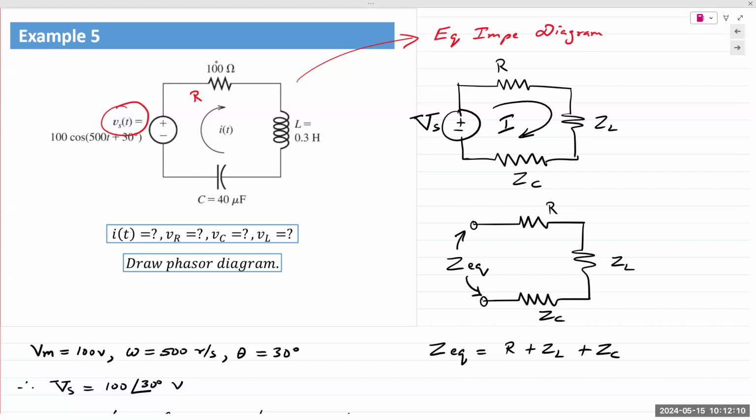So the first step I always tell students to do is to draw out the equivalent impedance diagram. The equivalent impedance diagram is where we replace all components in that circuit with its equivalent impedance. Okay. Basically, it looks like any other DC circuit that we looked at in chapter 2.